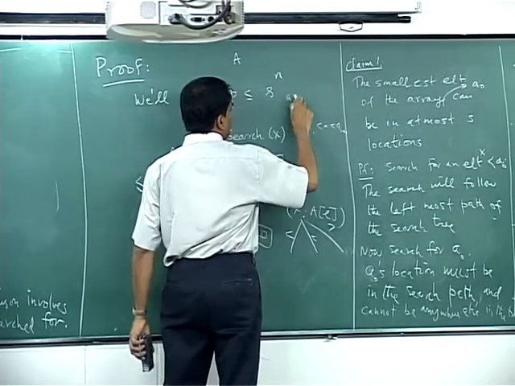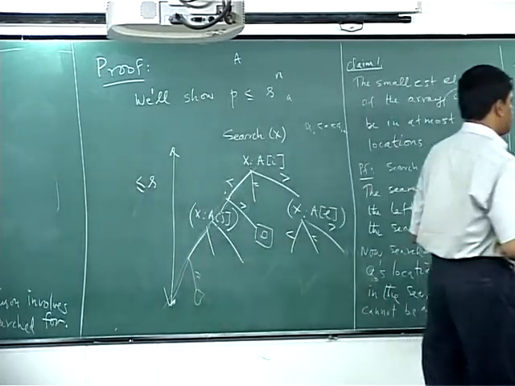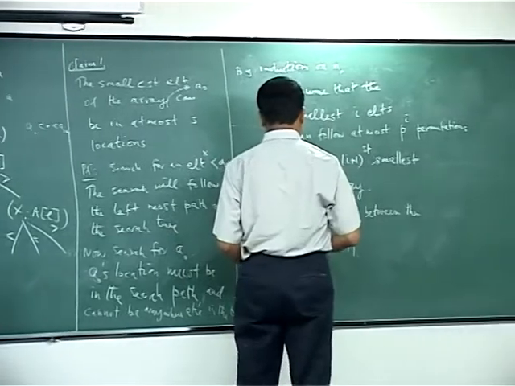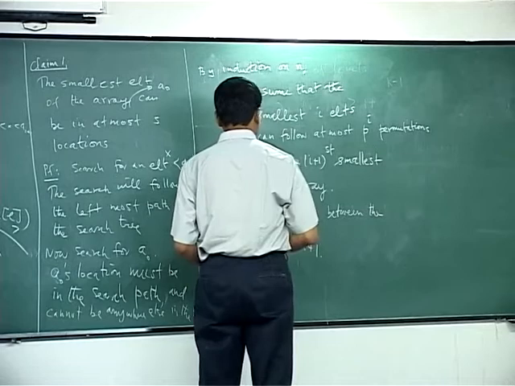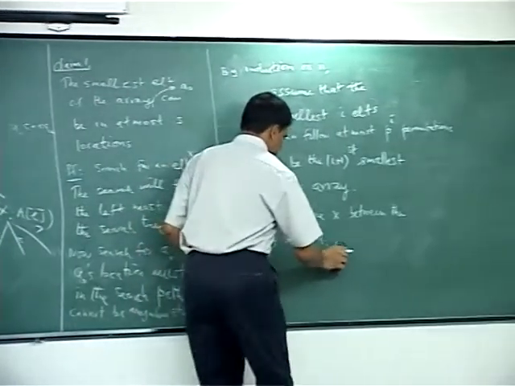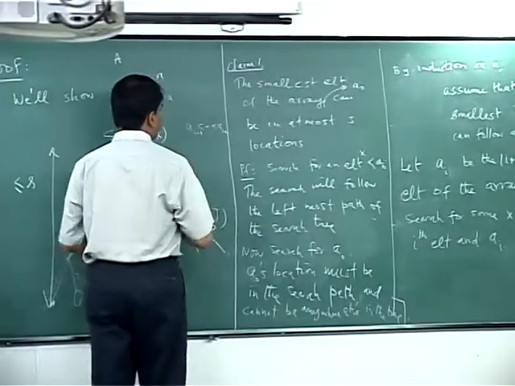Okay. If a 1, let us say a 0. Okay, so a i is the i plus first element. I am looking for something between a i minus 1 and a i.